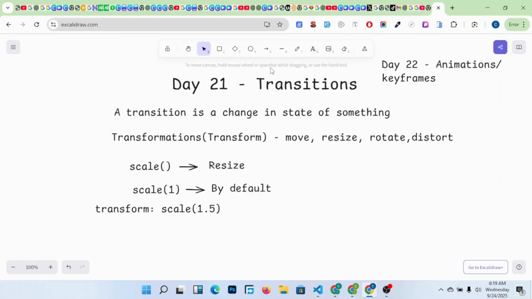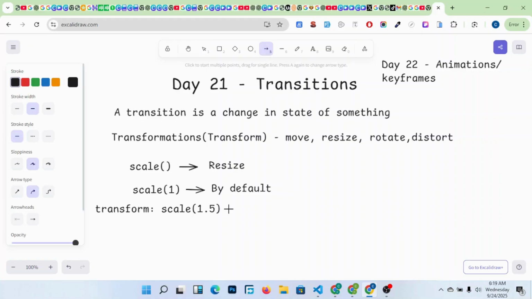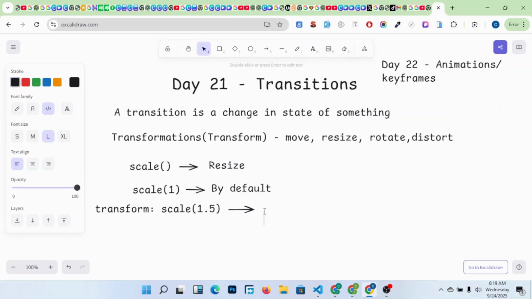The shape or size of that particular element increases.